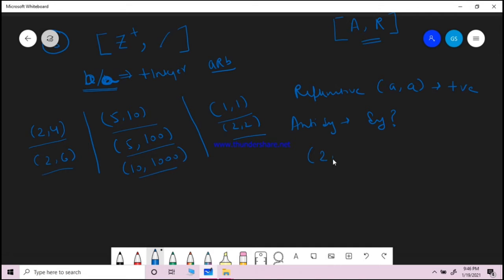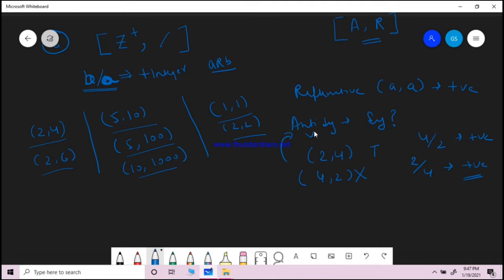Symmetricity says, if this is true for this relation, 4 divided by 2 gives you a positive number, and you reverse the situation, you are writing like this. This will not give you a positive integer. So this is not true, the symmetricity fails.